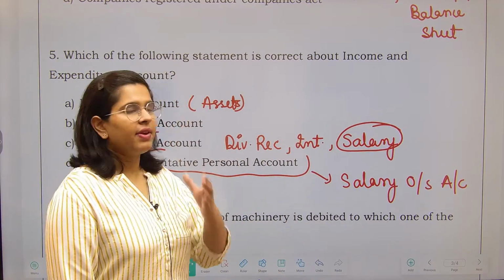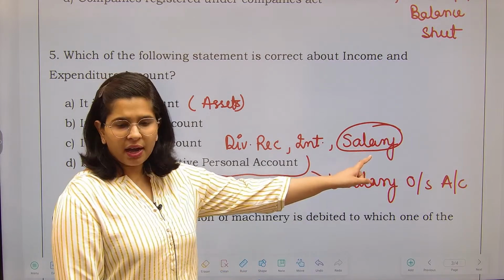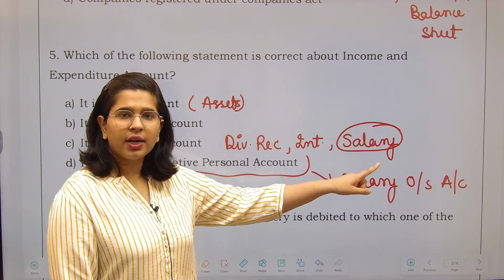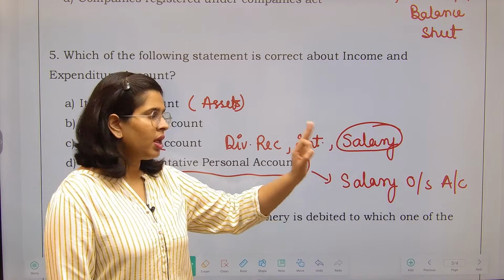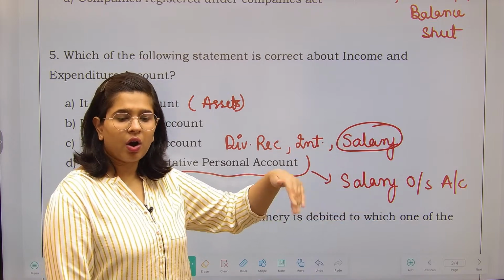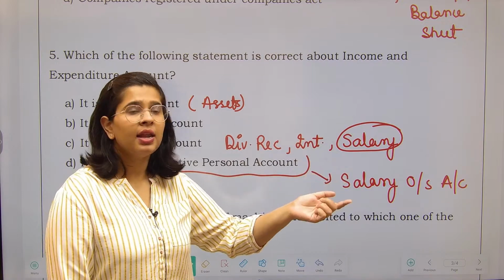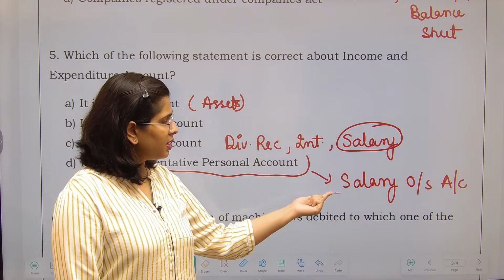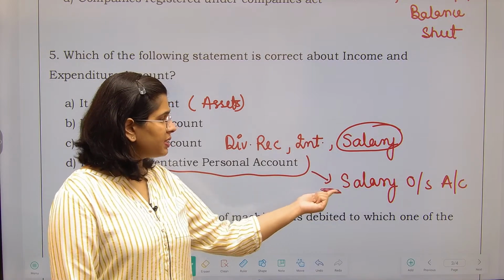Now just see very carefully. Salary account alone, I would have called a nominal account. But as soon as it has become outstanding, or suppose it has become prepaid, now this account is representing a person.